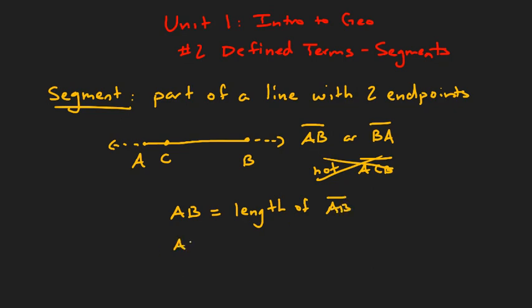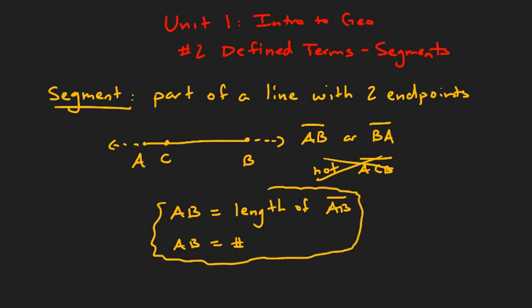When you see AB by itself just like that, typically it's going to equal a number. So keep that in mind. And we'll do segments a lot this year, because segments help build our triangles, our quadrilaterals. We'll do segments and circles, all kinds of fun stuff.